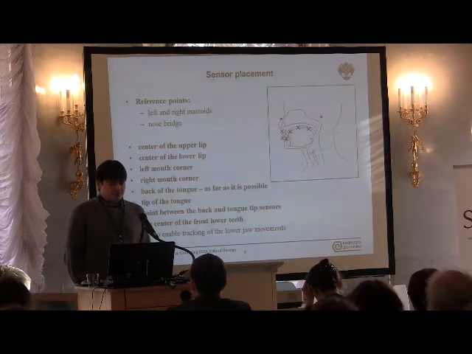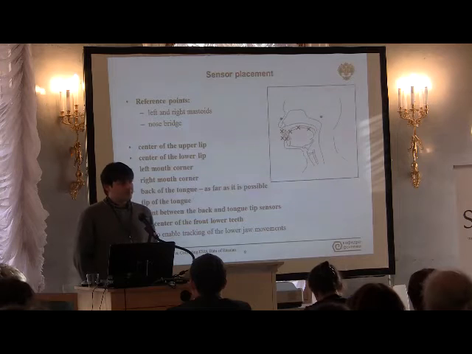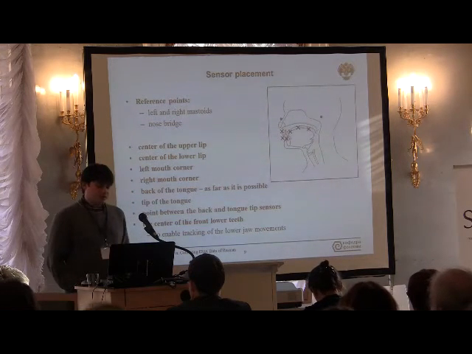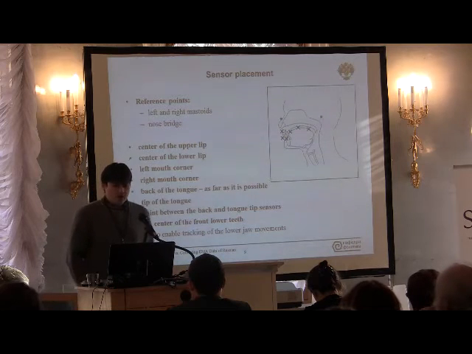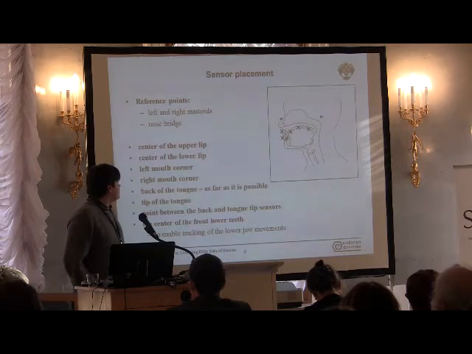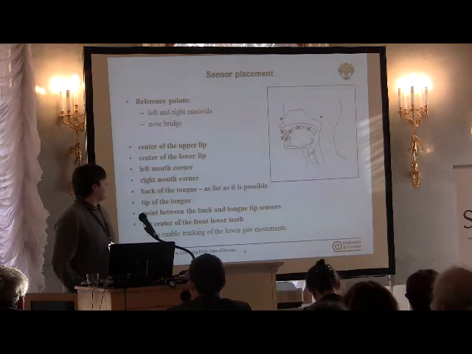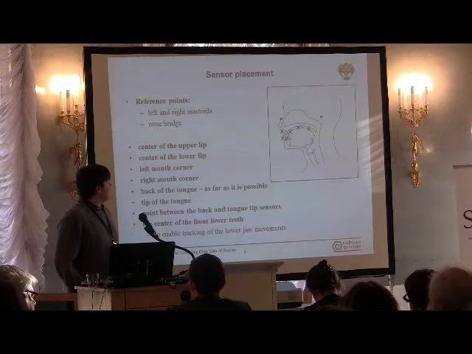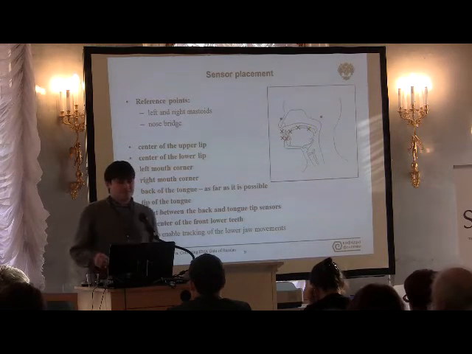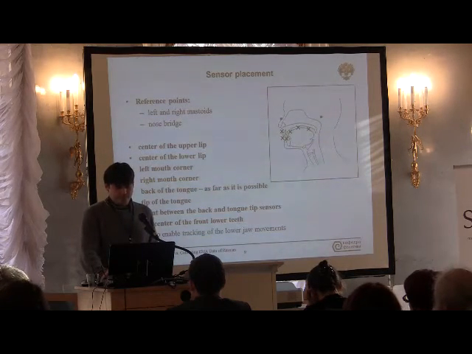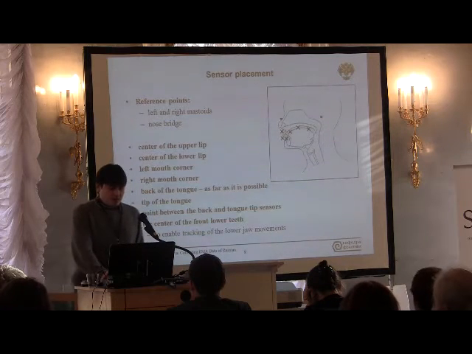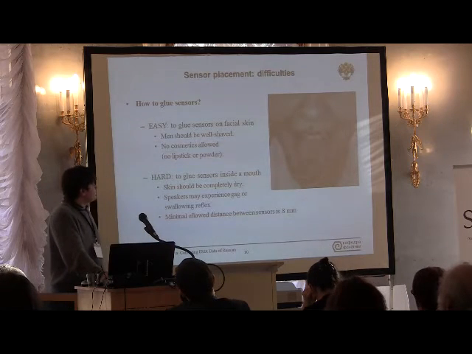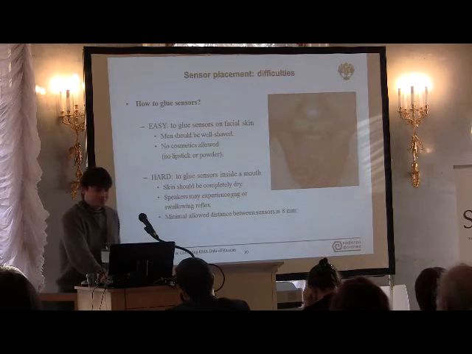We attach a sensor to the tongue tip, and then to a point in the middle of the tongue. We also attach one sensor to the center of the front lower teeth, so that we can track the lower jaw movements. So that's a photo of the attached sensors.